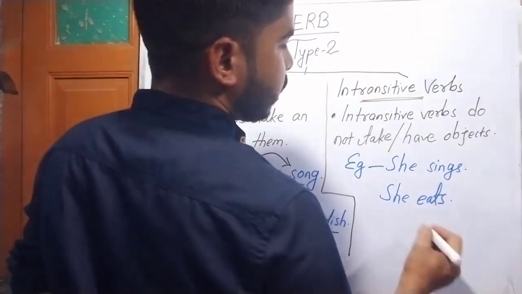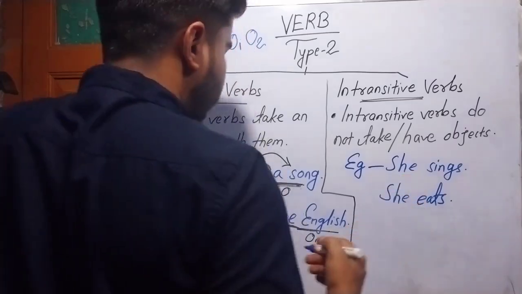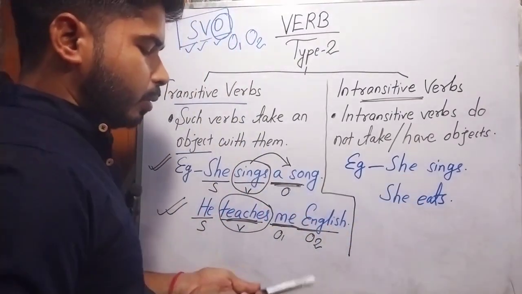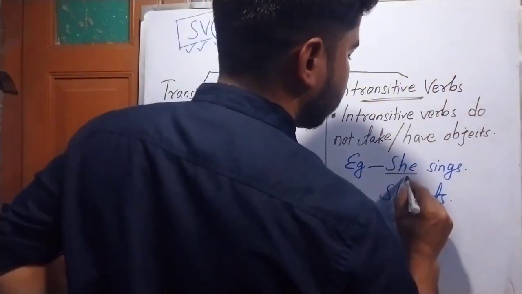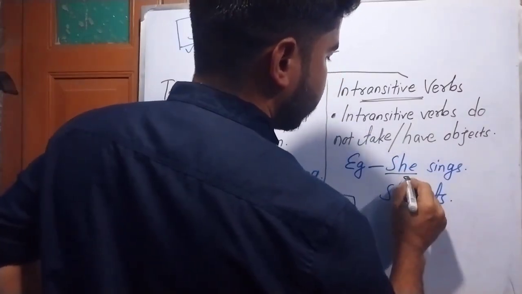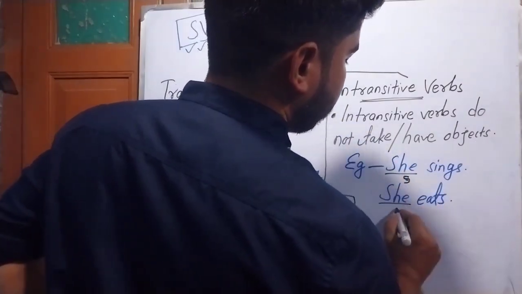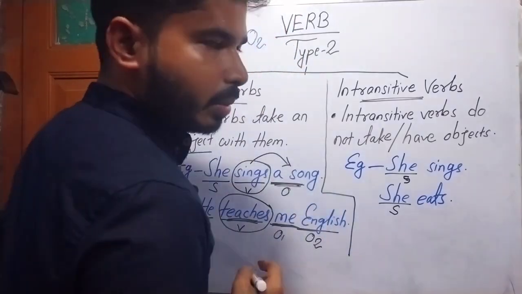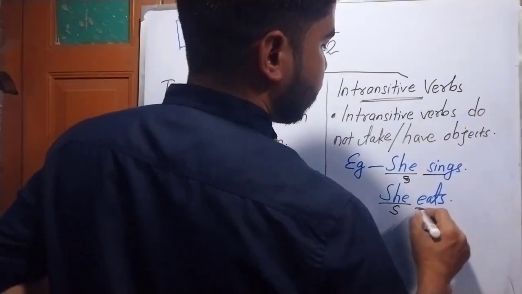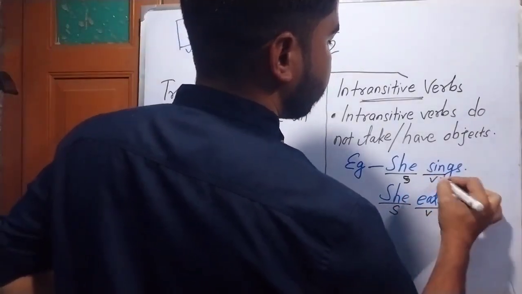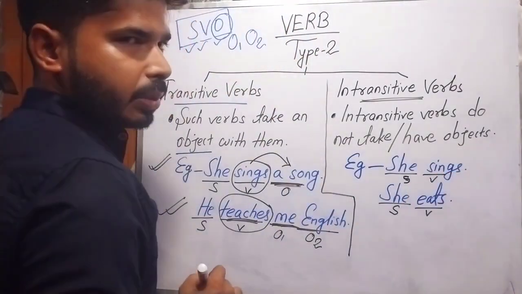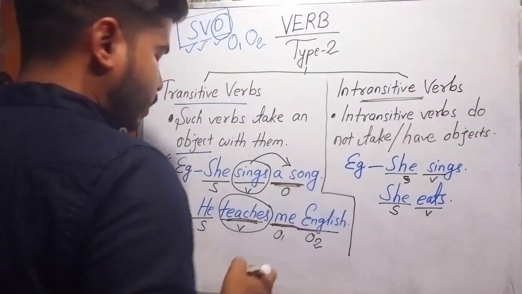She eats. There is no object because she is the subject. All of you know that she is the subject. In the second example, she is also the subject, and sings and eats are basically verbs, and there are no objects with them in the examples.